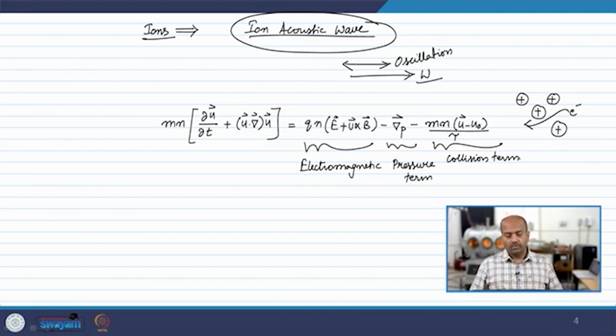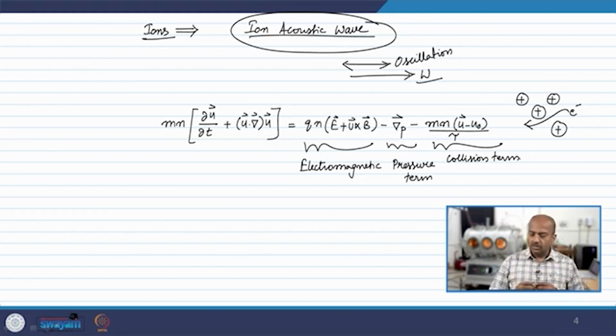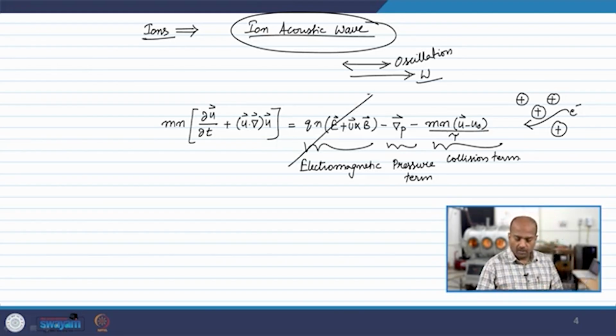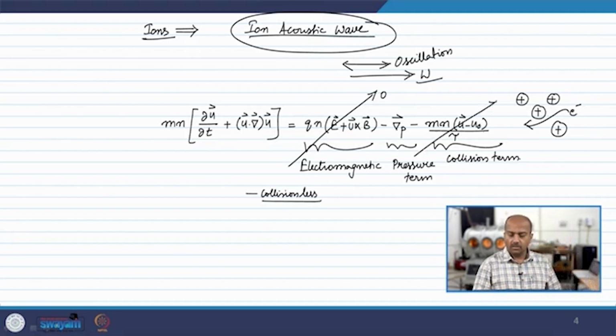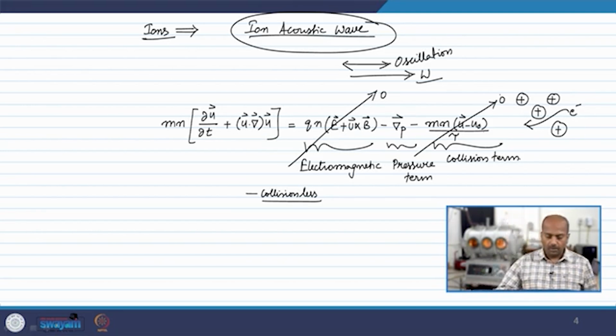We are just talking about pressure perturbations traveling in the plasma, so this term is not relevant and we take it as 0. We also say that the plasma is collisionless, so we take this term to be equal to 0 as well.